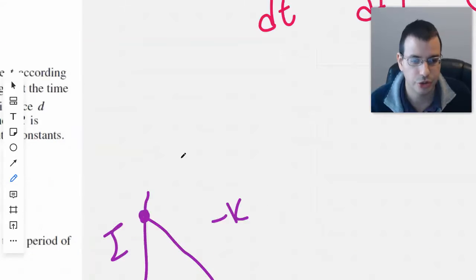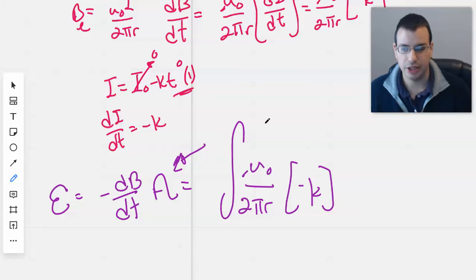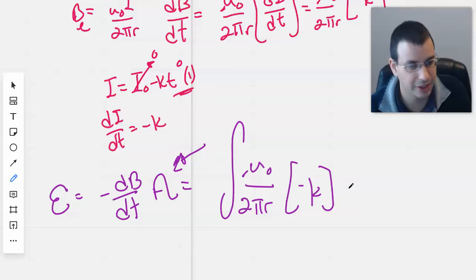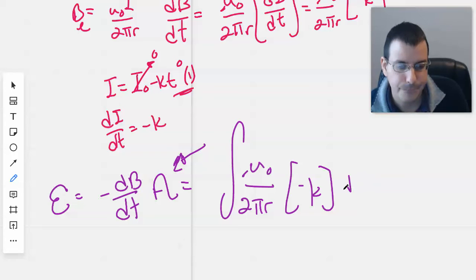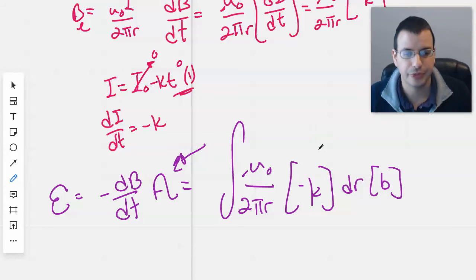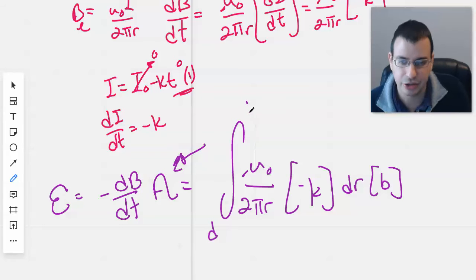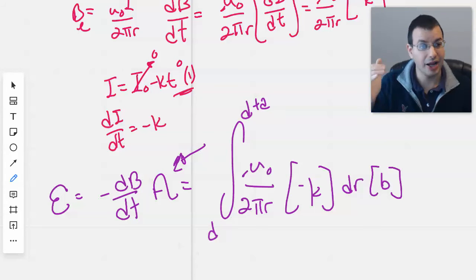So what we're actually going to do is integrate it, because the change in magnetic field with respect to time will be dependent on how far away it is from the wire. And then we need to multiply by b because that's the width. And this dr, when we integrate it from, I think it's d to d plus a, that will give us the height of this rectangle.